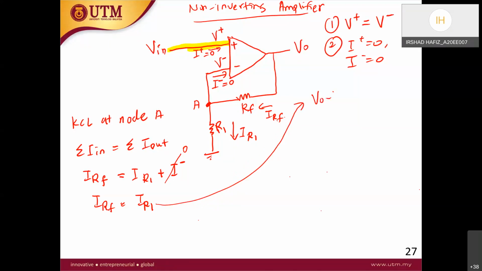Yes, V out minus V negative along this node, over RF, equals to, how about IR1? V negative over R1.